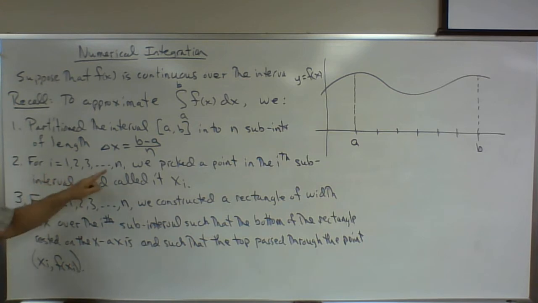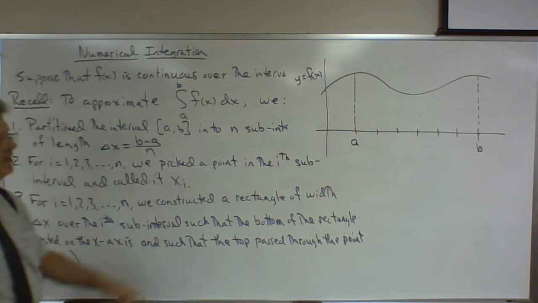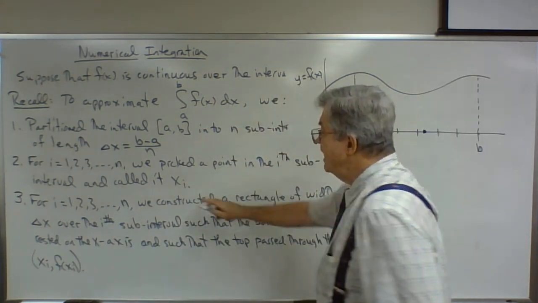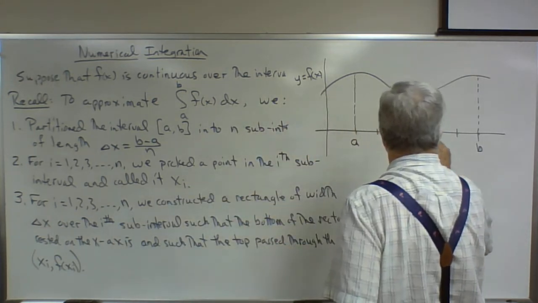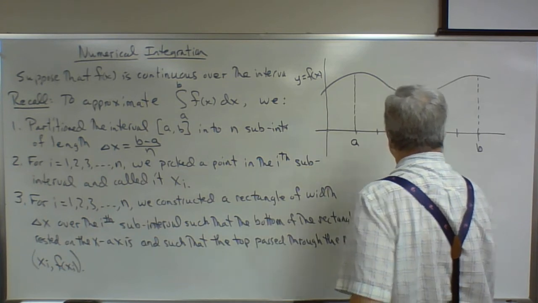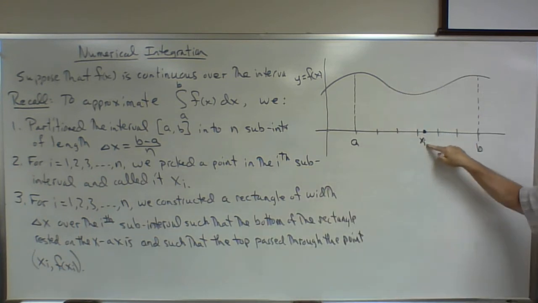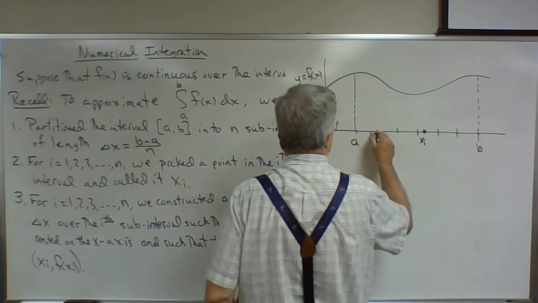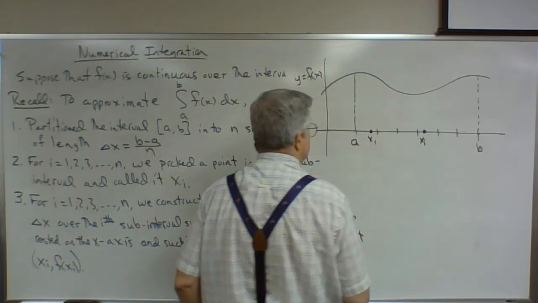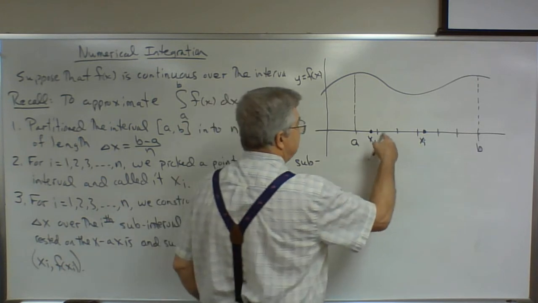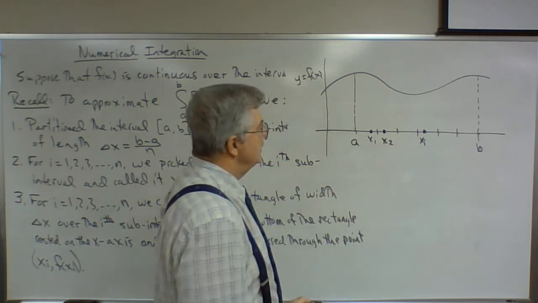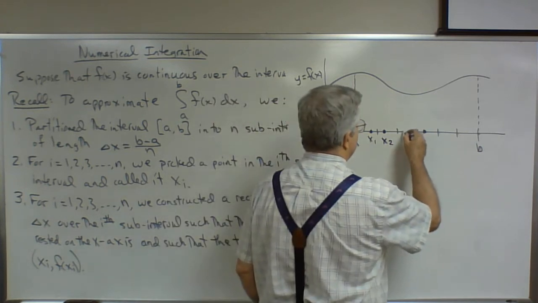And for i equal 1 to n, we pick a point in the ith subinterval, and we call it x of i. So here's the ith subinterval. We picked a point, we call it x of i. Here's the first subinterval. We pick a point, we call it x of 1. Here's the second subinterval. We pick a point, call it x of 2, so on and so forth.